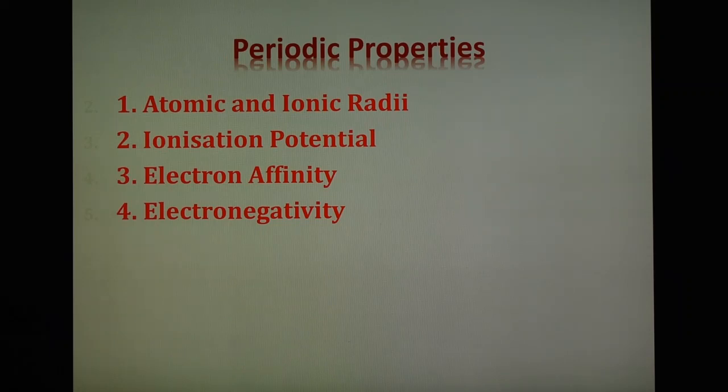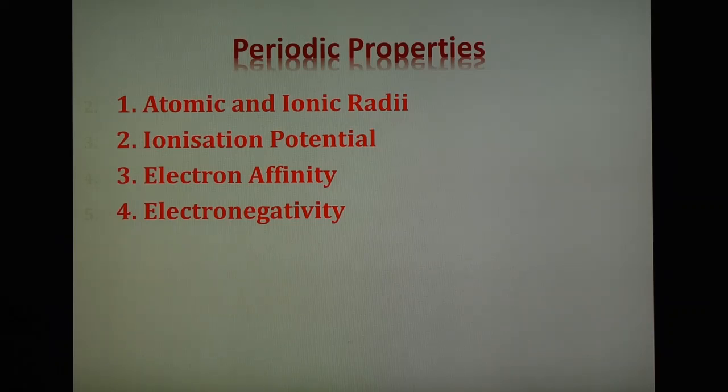What are the periodic properties? As we know, up to the end of the 17th century only a few elements had been discovered. Therefore it was very easy to study and remember the properties of those elements. However, during the 18th and 19th century, there was rapid development in chemistry, and several new elements were discovered, which gave rise to the classification of elements into various sets or groups having similar properties.